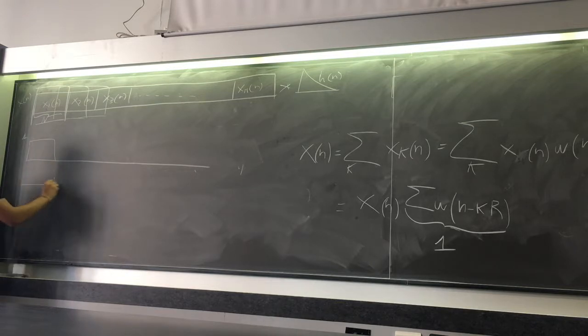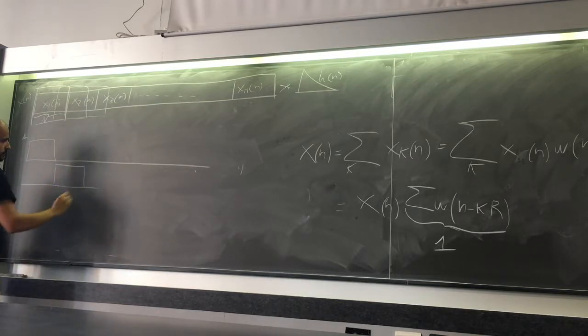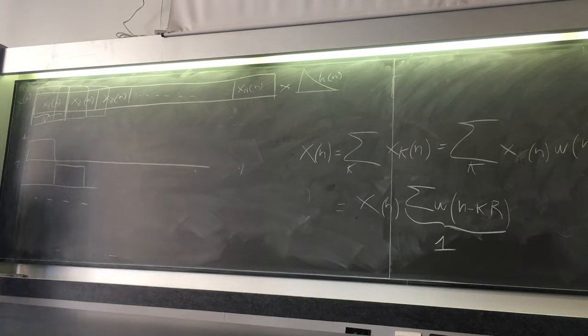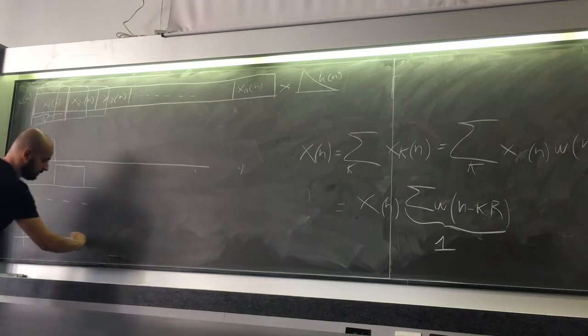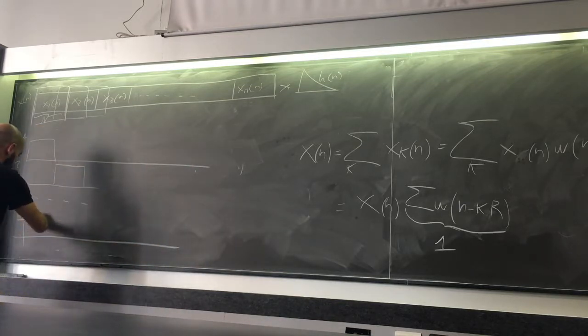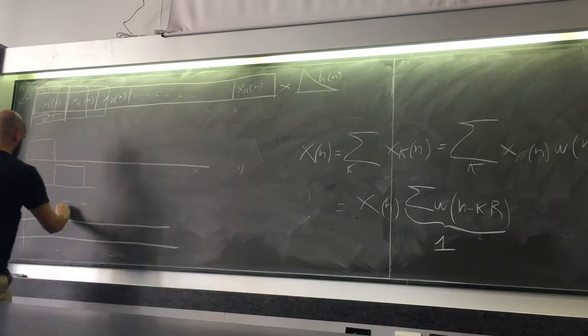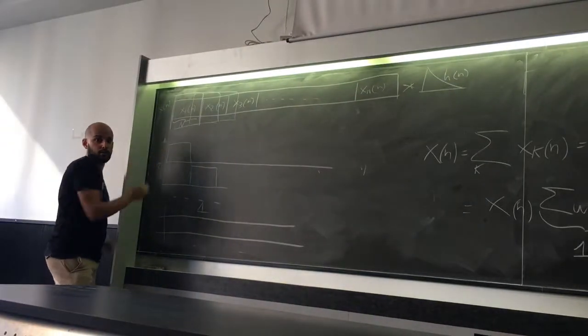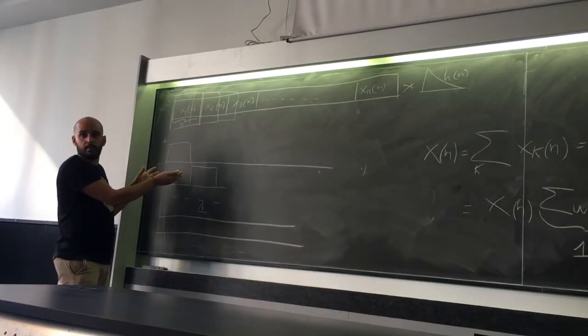So this is the second window, and so on. If you sum them up, what you need to have at the end is a constant which is equal to 1. So this allows you to set the amplitude to 1 because you are not overlapping these windows, okay?